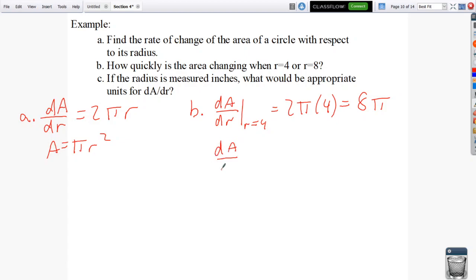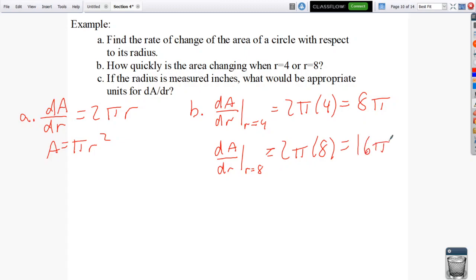We want to find out how quickly the area is changing when the radius is equal to 8. dA/dr evaluated at r equals 8. That's 2 pi times 8, which is 16 pi.